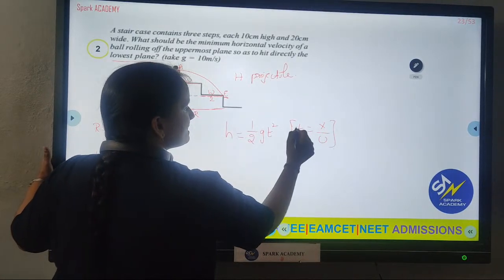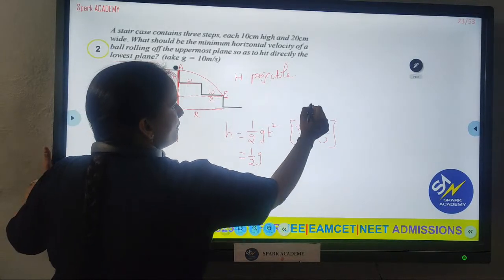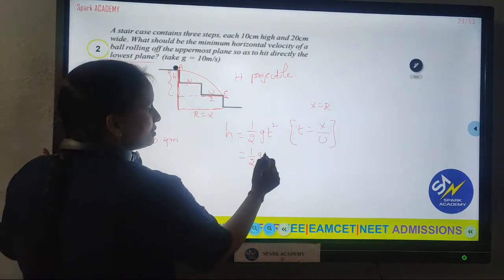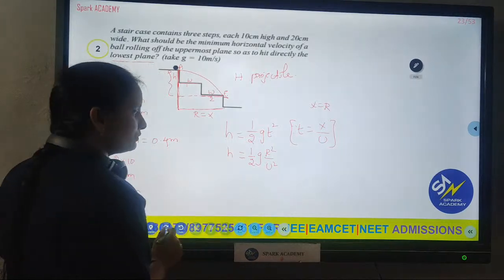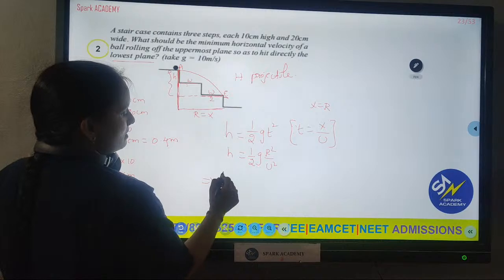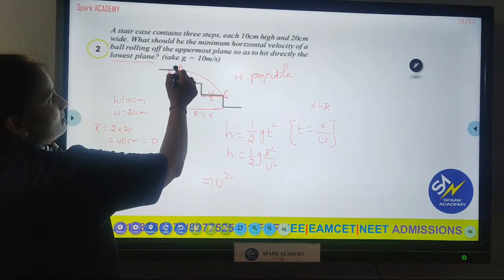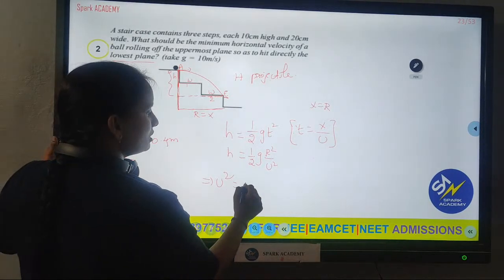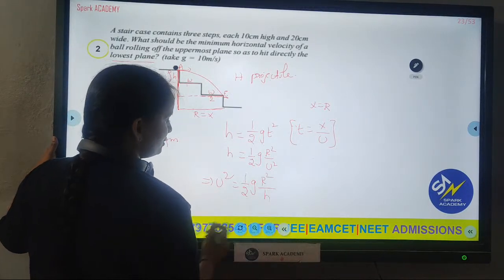So substituting, we can write it as half g into r square by u square. That is the height of the projectile. From this we need to find the initial minimum horizontal velocity. So u square will be equal to g r square by 2h.